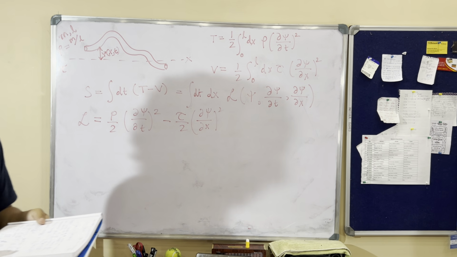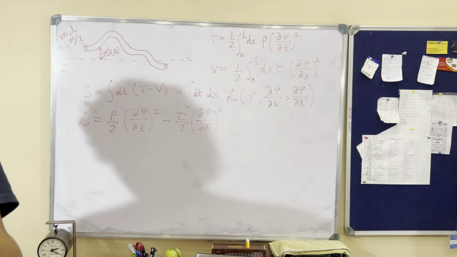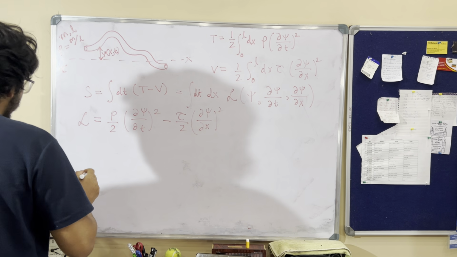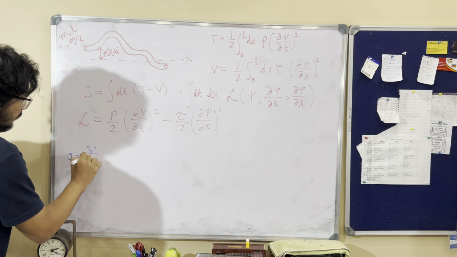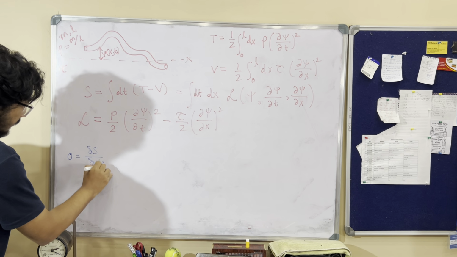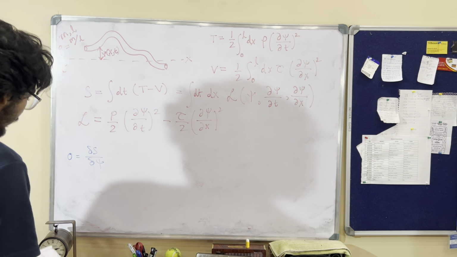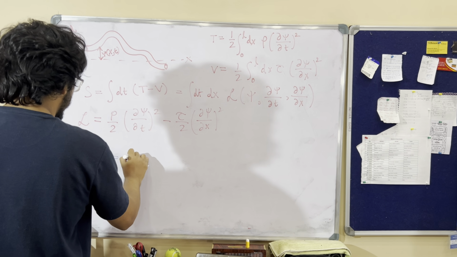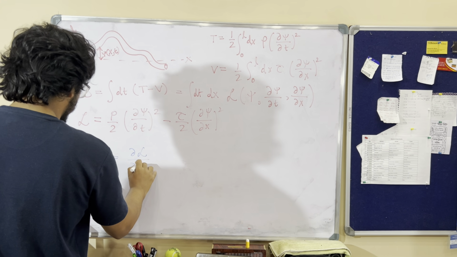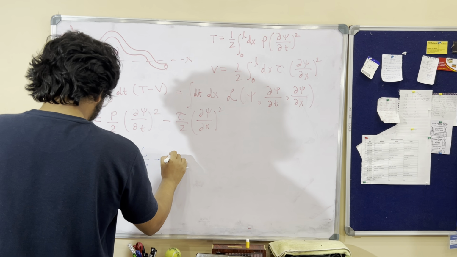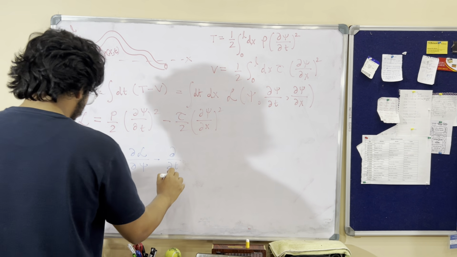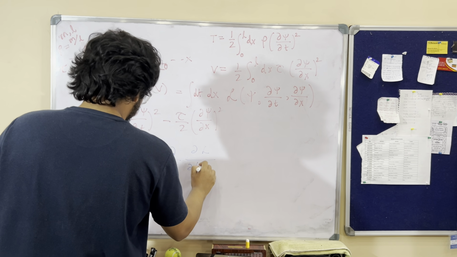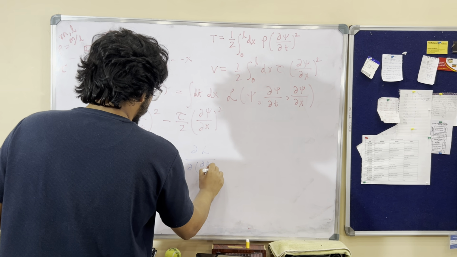So this will be our Lagrangian density, and using the least action principle, or stationary action principle, here the variable is psi, not x anymore, we will see that this will be equal to this.